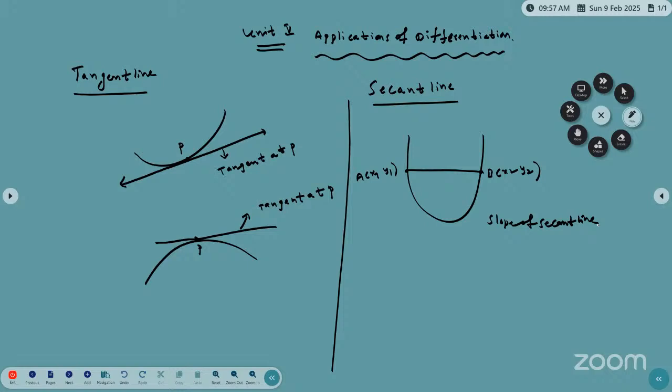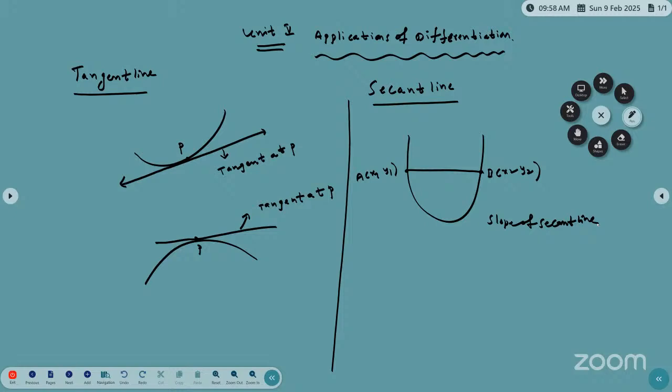Second line is a straight line which touches the curve at 2 points. Everybody, if you concentrate here, this straight line touches the curve at 2 points. What are the 2 points? A and B. That is the difference between tangent and second line.